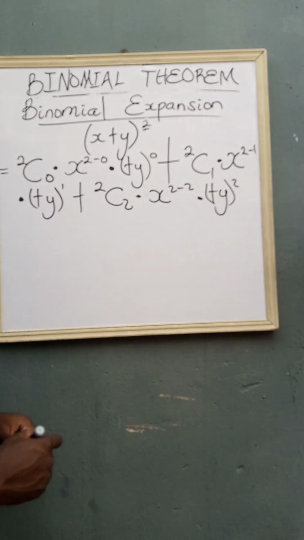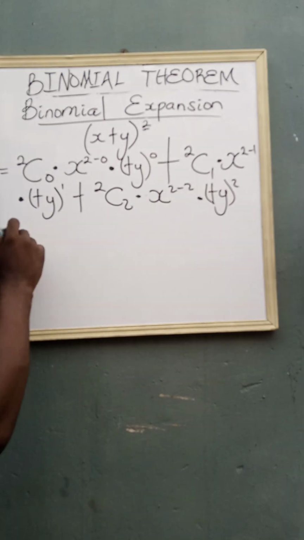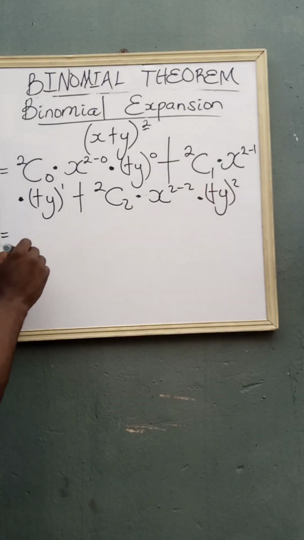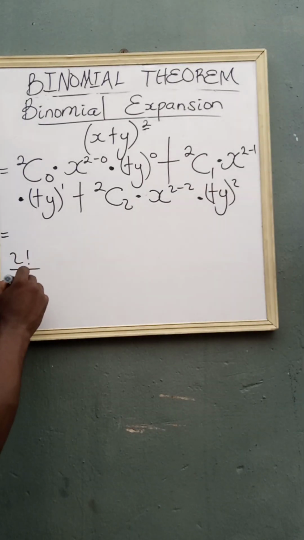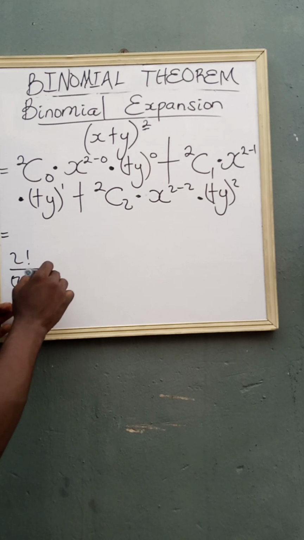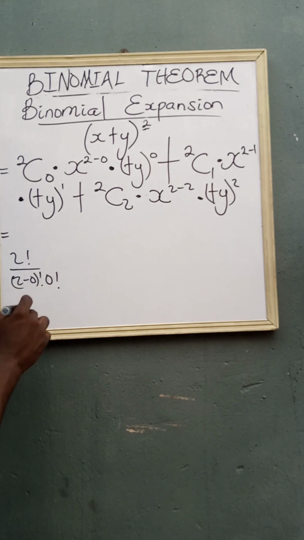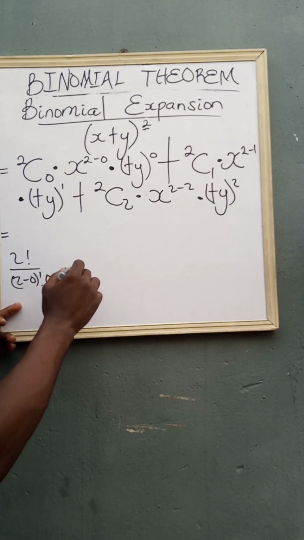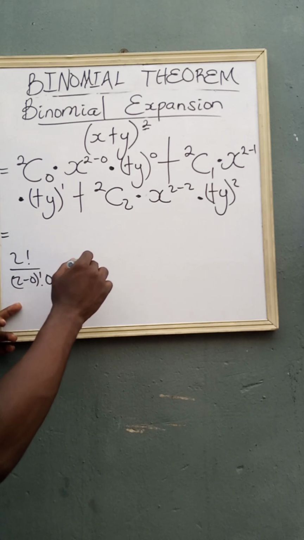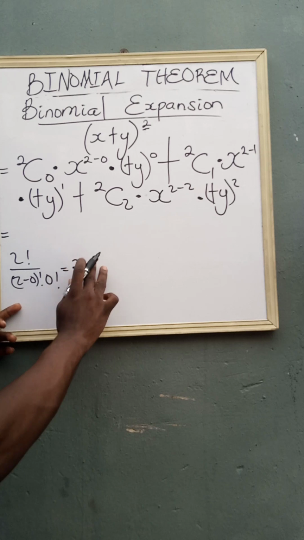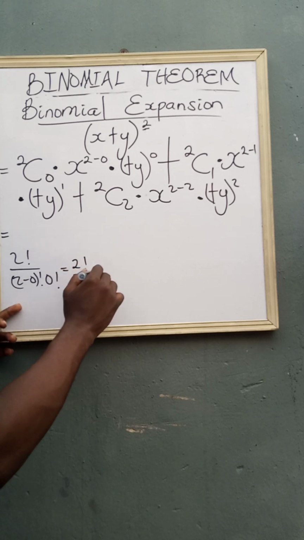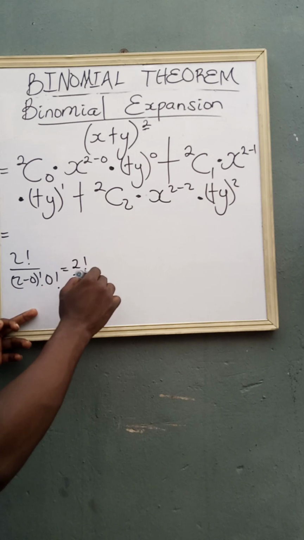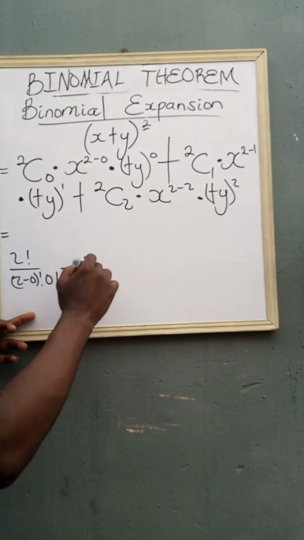So moving on here, 2 combination 0. From our knowledge of combination, that's 2 factorial over 2 minus 0 factorial, which is 2 factorial over 0 factorial. This crosses out.